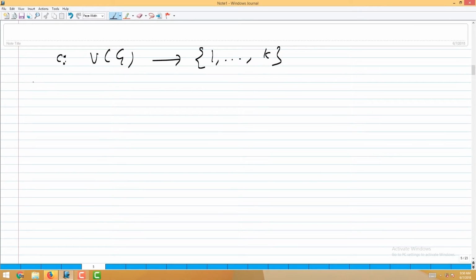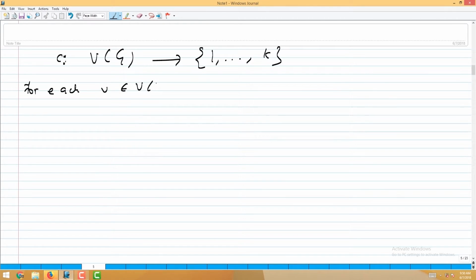Or in other words, you can look at it like this. You have the vertices of the graph v1 to vn. For each vertex, give it color 1 to k with uniform probability. That means you give it color 1 to k with probability exactly equal to 1 by k. So what is the experiment?